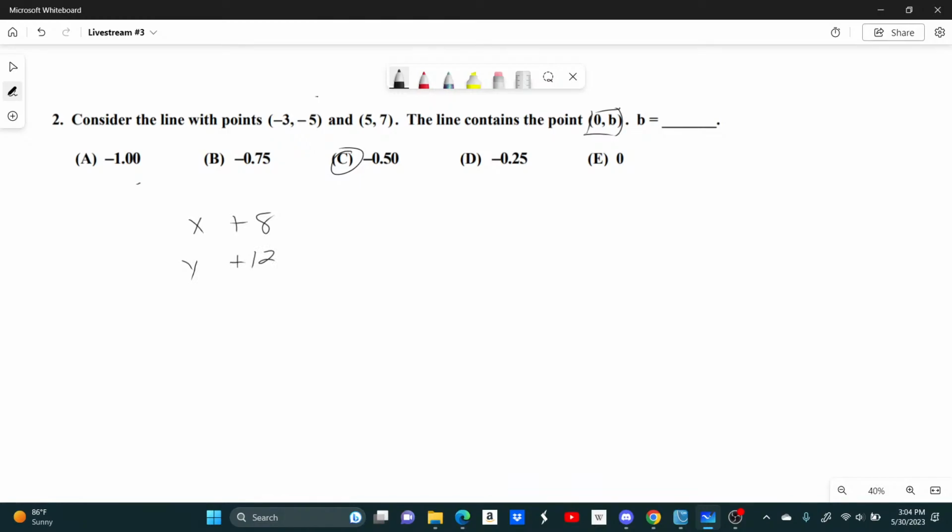Well, if an increase of 8 results in an increase of 12 in the y, then going from -3 to 0, which is an increase of 3, the y should increase proportionally. So instead of an increase of 8 being an increase of 12 in the y, an increase of 3 would be 3/8 of 12, which is 4.5, and then negative 5 plus 4.5 gives you the same answer of negative 0.5.